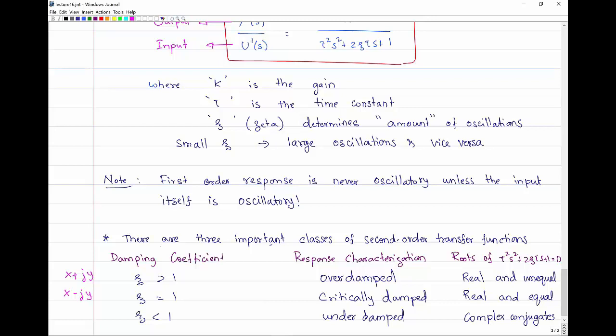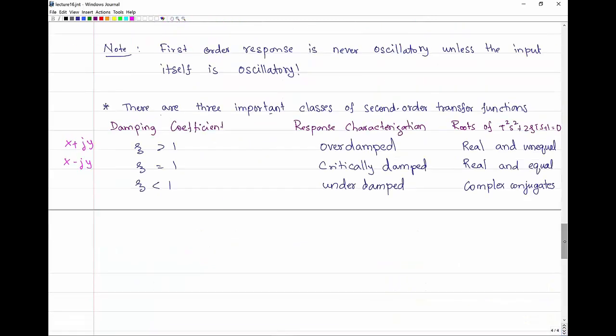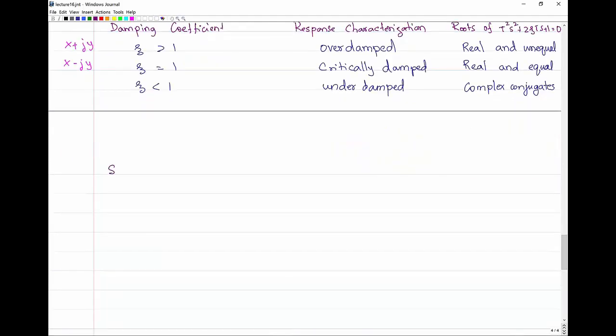The reason I'm trying to relate the roots of the polynomial to the characterization of the response is because in the next lecture we are going to try and relate the roots of the denominator polynomial of any given transfer function to its qualitative behavior.